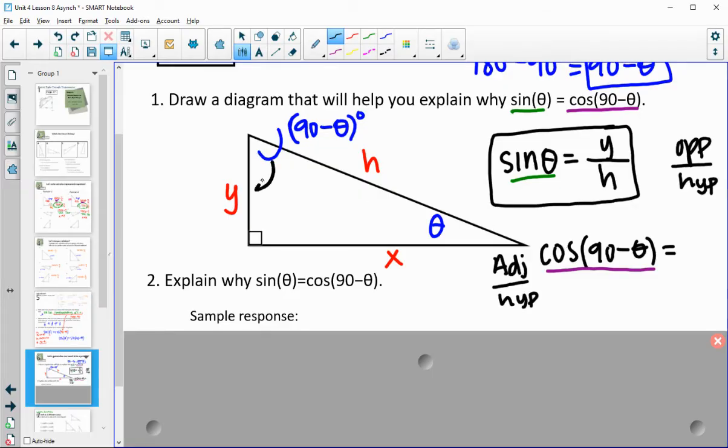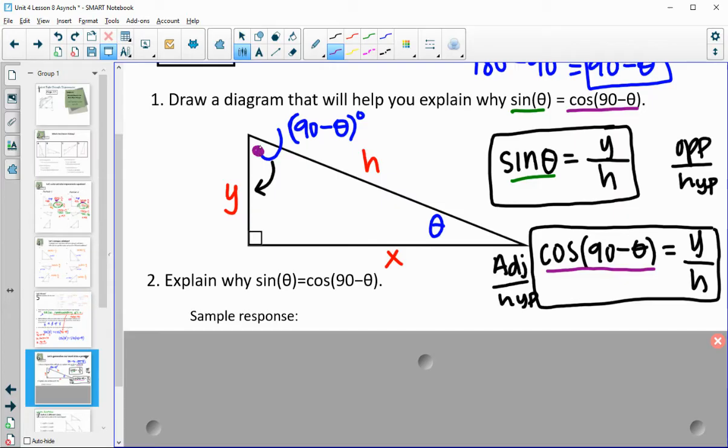Adjacent to 90 minus theta is the Y. And the hypotenuse is still H. So the cosine of this angle here, this 90 minus theta, is also Y over H. So notice that those are the same, the division of the same two sides.